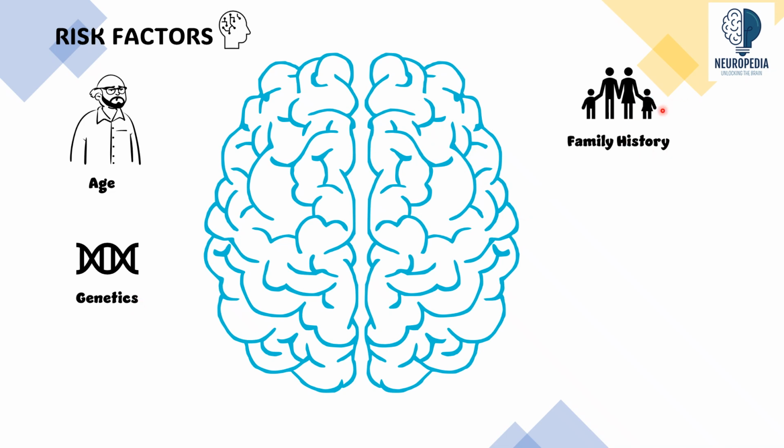People who have a family history of Alzheimer's disease are more likely to develop the disease. Head injury. People who have a history of head injury are more likely to develop Alzheimer's disease. Lifestyle factors. Some lifestyle factors such as smoking and obesity may increase the risk of developing Alzheimer's disease.